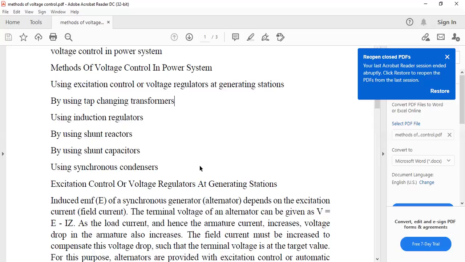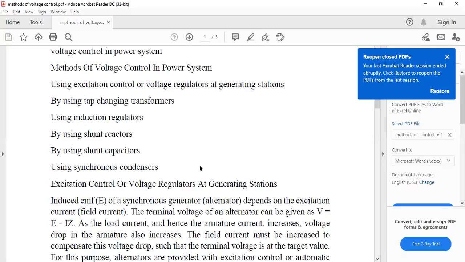I have already told you the tolerable limit is plus or minus 6% of the rated voltage. Up to that limit the equipment may not be damaged much. Beyond that, the equipment will definitely deteriorate. So we should maintain the voltage always constant or within the tolerable limits.